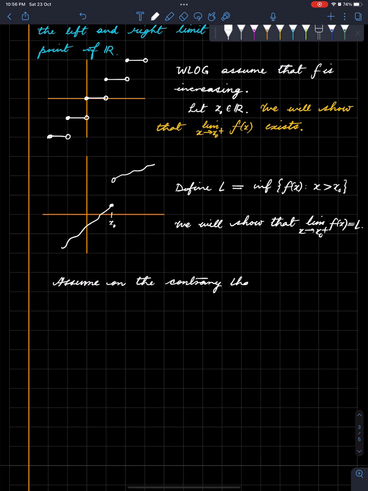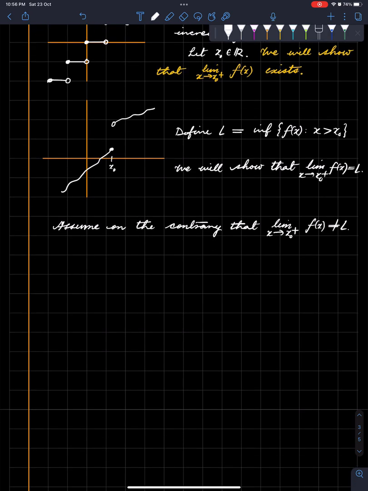That this limit is not equal to L. Okay, so what does this mean? This means that thus there exists epsilon greater than 0 such that no delta works.